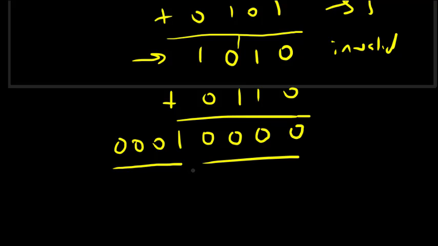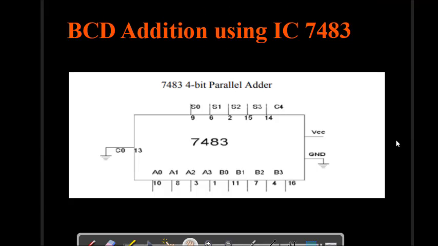We have to apply this logic for the 7483 IC, because IC 7483 adds binary numbers. So how do we convert it so that it can also add BCD numbers? Let us see how we apply that logic. Now we will see the designing part, how to add that 6 whenever the sum goes beyond 9.